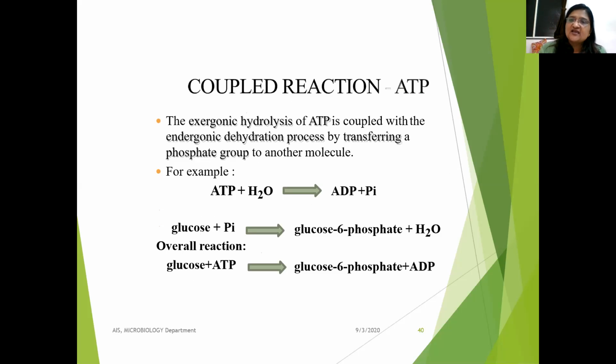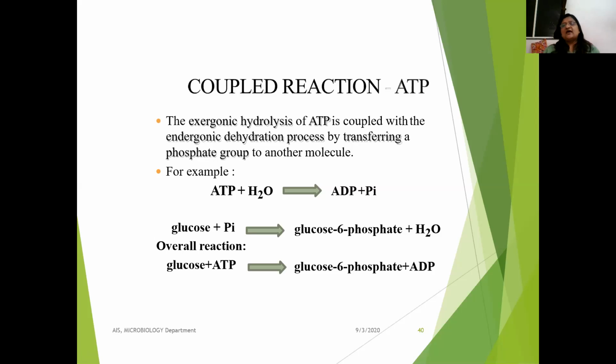These are the coupled reactions of ATP, where ATP is coupled with exergonic and endergonic reactions and transfers a phosphate group to another molecule. It is not directly converted to ADP, but in a second reaction, glucose plus Pi, glucose 6-phosphate is produced and H2O is produced.